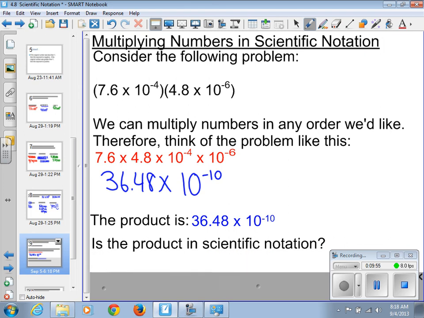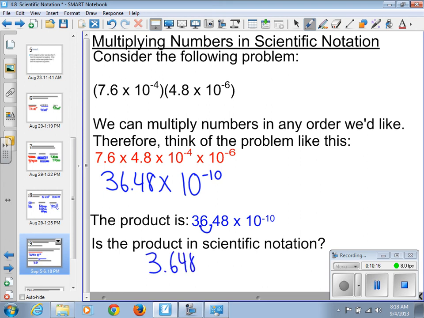And finally, we have to make sure our final number is in scientific notation. Unfortunately, it is not. Our decimal point needs to move over one spot to the left. So our end term becomes 3 and 648 thousandths.